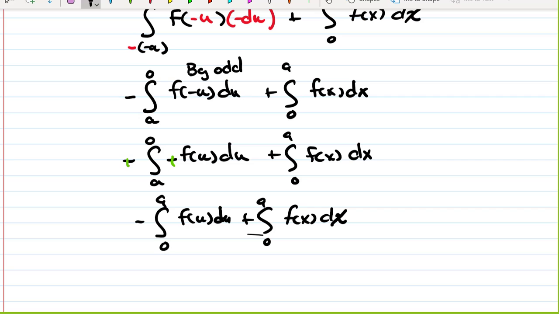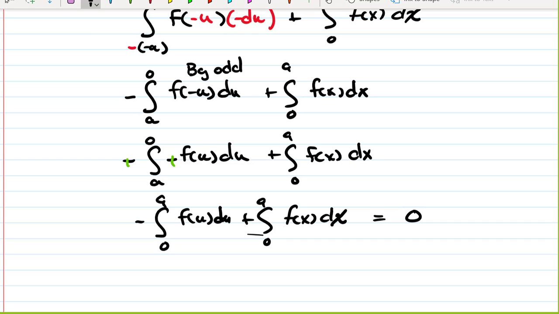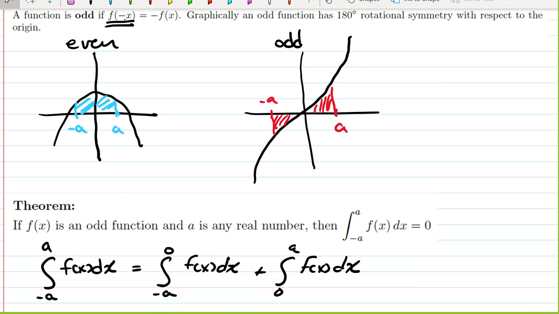And this is a dummy variable, so these two things are the same, one positive, one negative, so they add up to 0. So this proves that the integral of an odd function on a symmetric interval always has to be 0. And we probably believed that just from the picture.